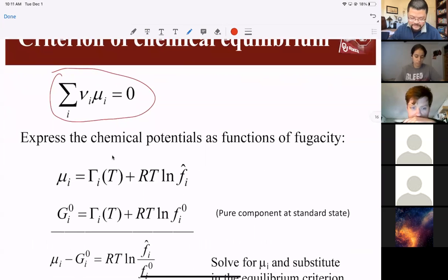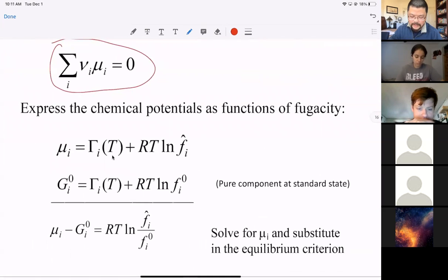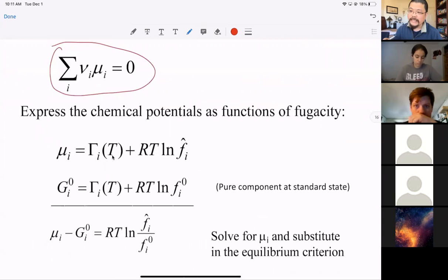So the following slides come out of the previous session. First of all, we need to look at this mu i, right? Then probably replace the chemical potential calculation by the fugacity calculation, and if that is a mixture, let's add the bar.